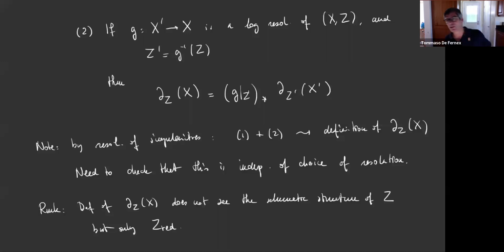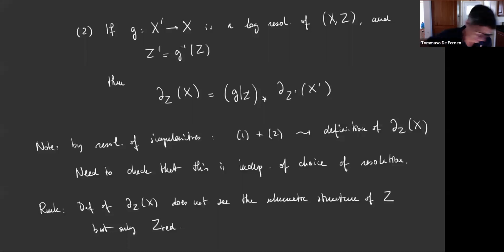In fact, to be honest, I think the best way of writing this definition is not assuming that Z is an arbitrary scheme, but just assuming that Z is a reduced scheme, a closed set viewed as a reduced scheme, and then when we take the inverse image, we take the inverse image with the reduced structure.